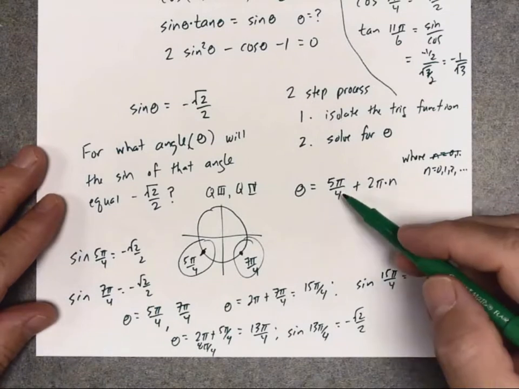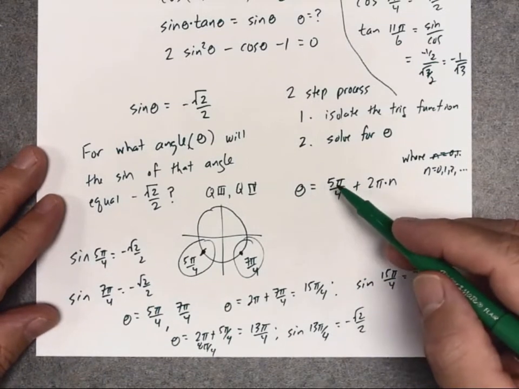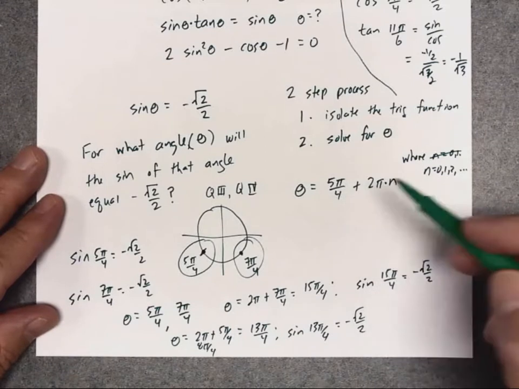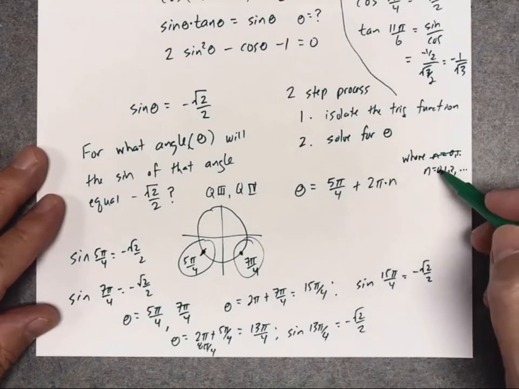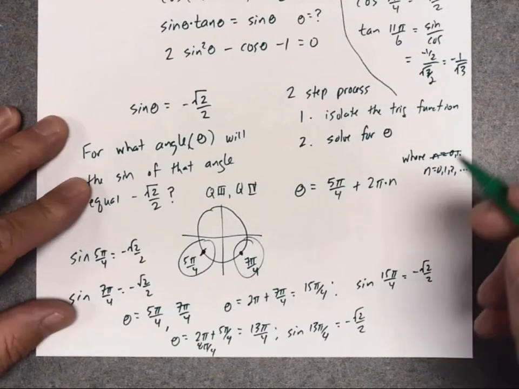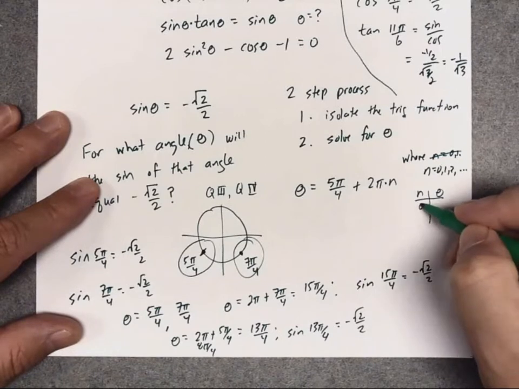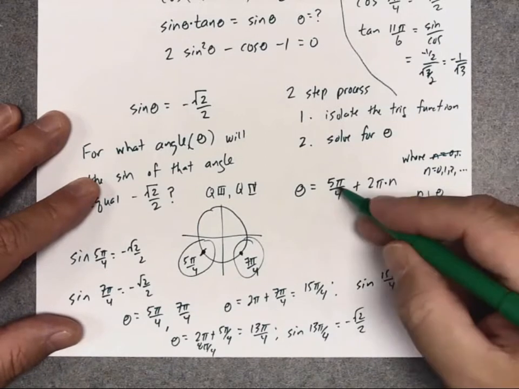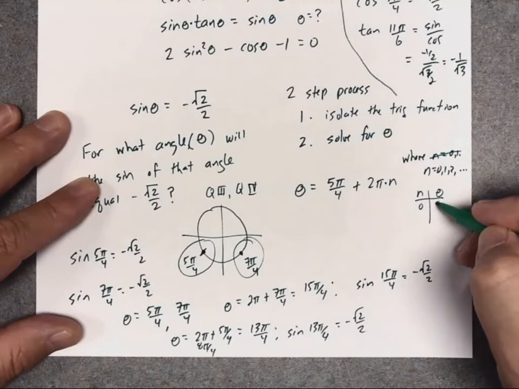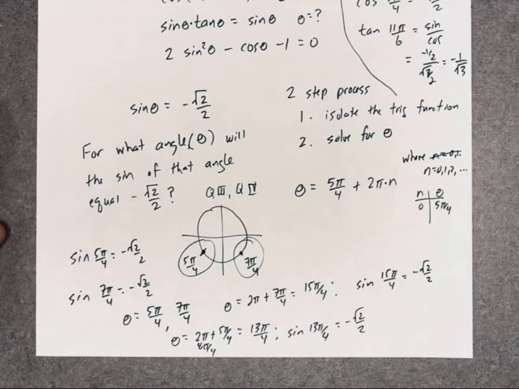So what is this saying now? My solution is going to be, you take 5 pi over 4, and what you do first is you set n equal to 0. So when n is 0, my theta is 5 pi over 4. And that's a solution.